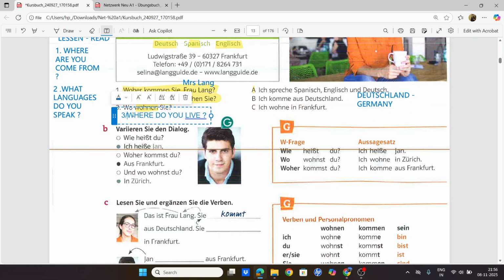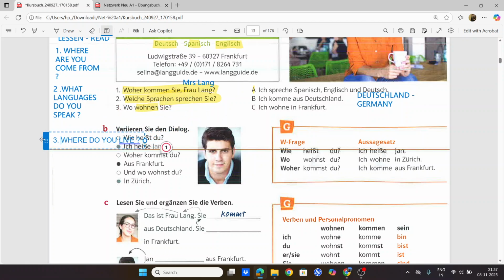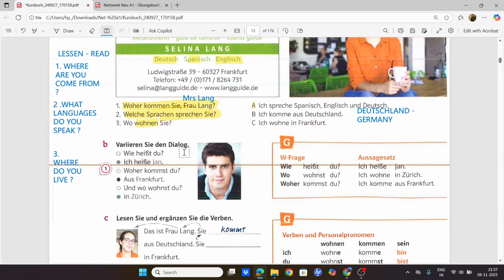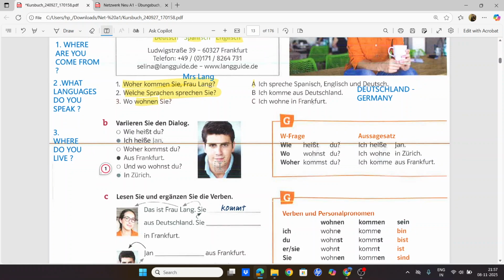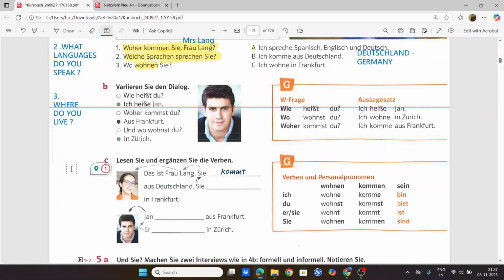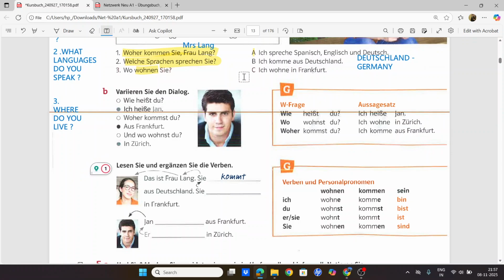Let me write the third one. Let's go further. For example, Woher kommen Sie? Shivam is my name. So what I'm going to answer is: Ich komme aus Indien.